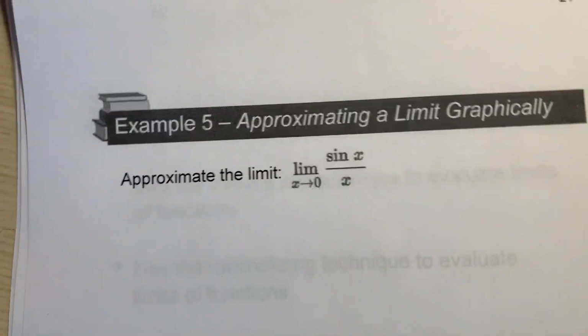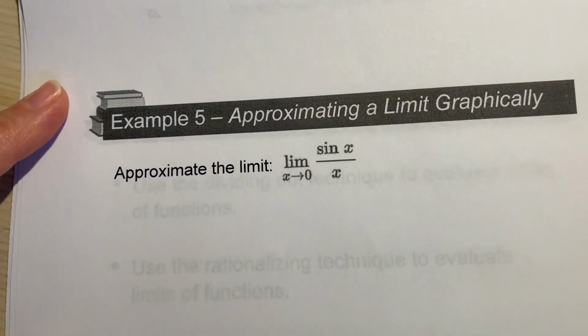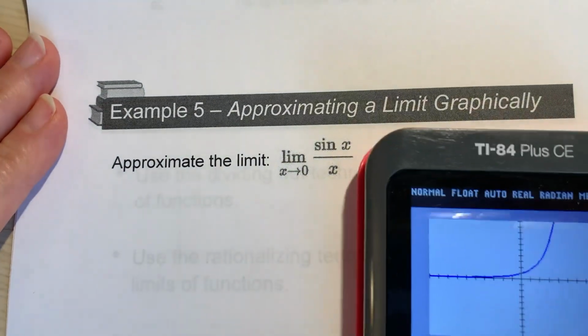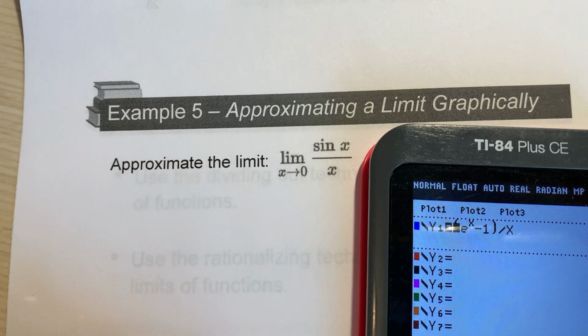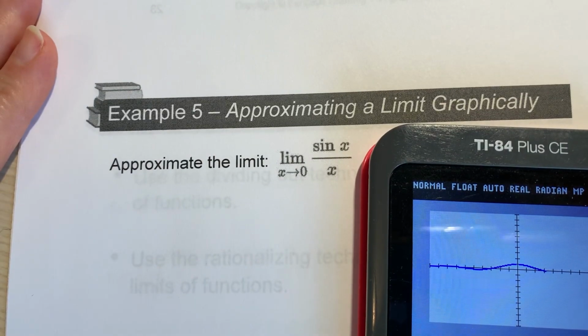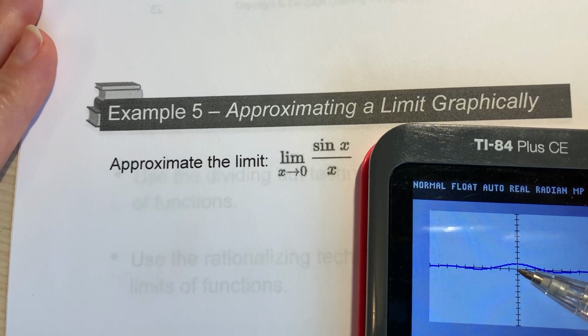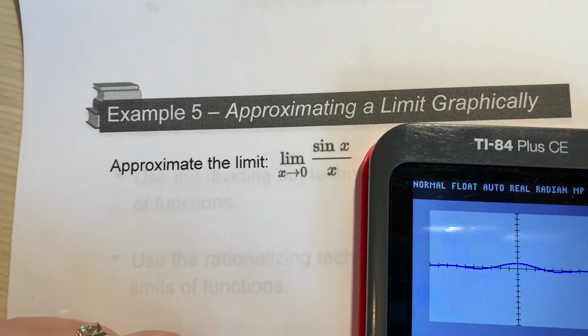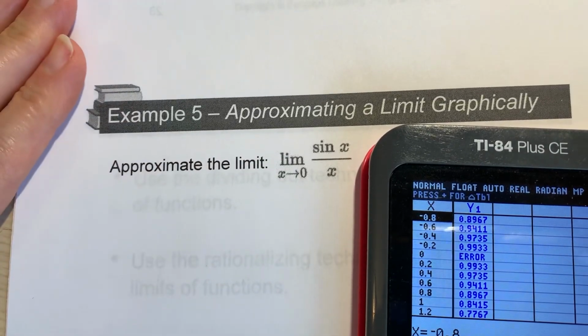The next one is sine of x over x. I'll graph it: sine of x, close parenthesis, divided by x. If you look right around where x is 0, because we're approaching 0, and take a peek at our table, it looks like 1.